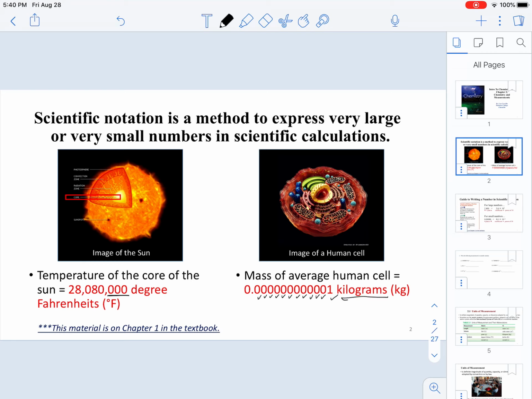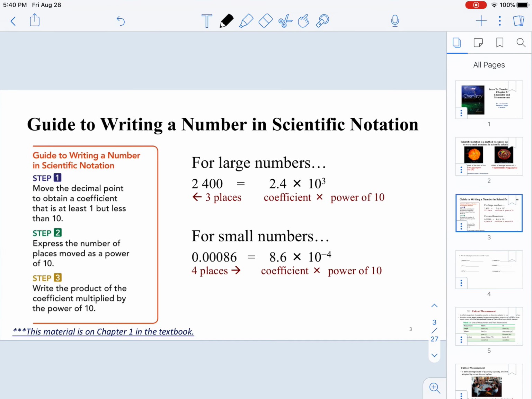As you can see in this value, the number is very small because we have a written decimal place followed by a whole bunch of zeros, and then we have a non-zero digit. So when it comes to scientific notation, this is a way in which we can write these numbers in a notation that can be utilized in scientific calculations.